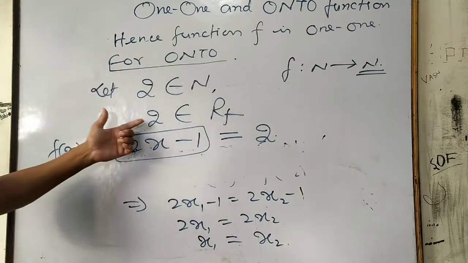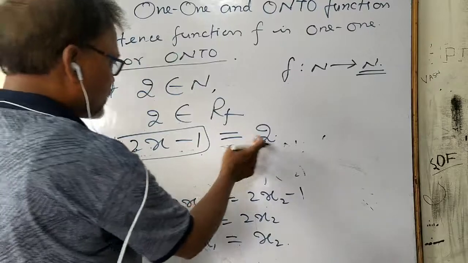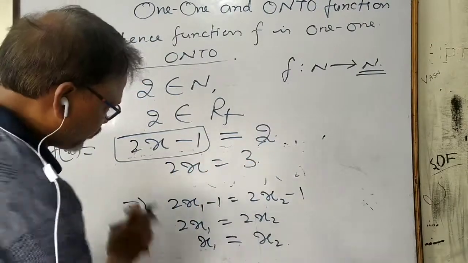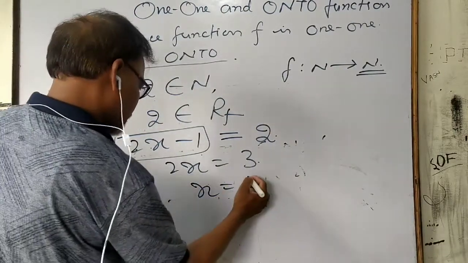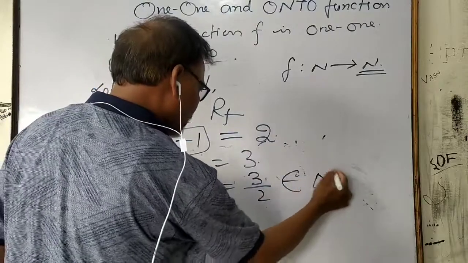Let us take any number: 2x - 1 equals 2, so 2x equals 3, and then x equals 3/2. Whether this belongs to the natural numbers or not?